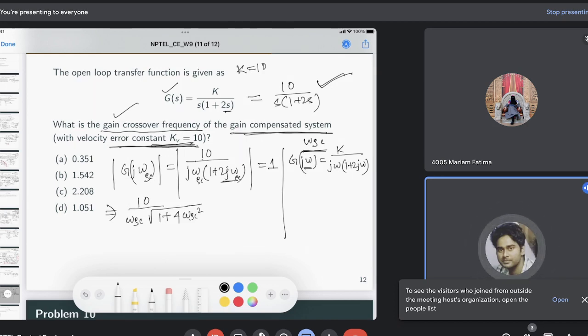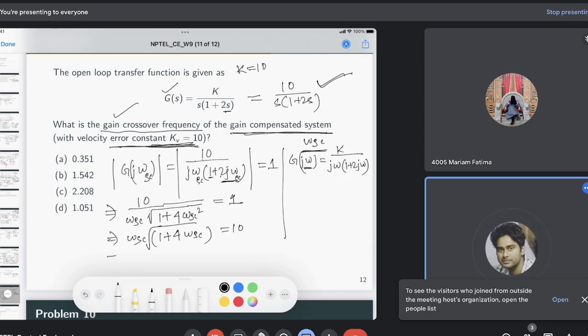The magnitude is just the square root of real square plus imaginary square. Real part is 1, whose square is 1, and the imaginary part is 2 omega gc, so its square is 4 omega gc square. The square root of that, equal to 1. So we simplify that, and it will be omega gc times the square root of 1 plus 4 omega gc square equal to 10.